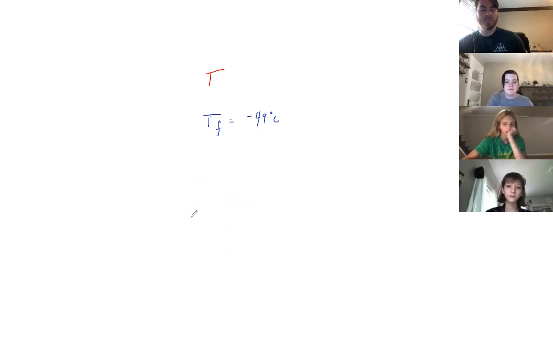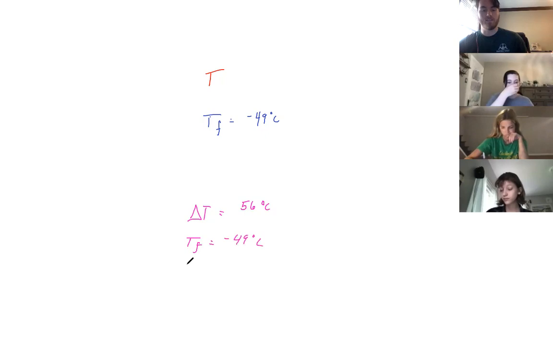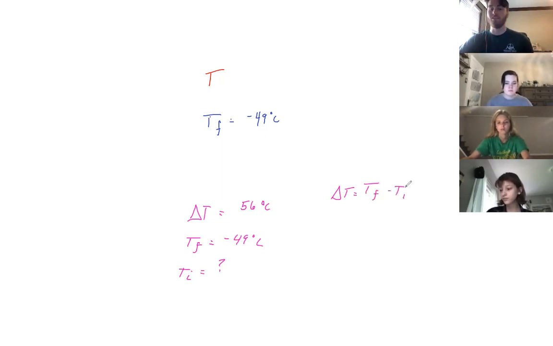If I write that my change in temperature is equal to 56 degrees Celsius, and I know that my temperature final is negative 49 degrees Celsius, I want to figure out what my temperature initial is. And if you have this equation, change in temperature equals temperature final minus temperature initial, the same change that we've done since day one, how do I rearrange then for temperature initial?